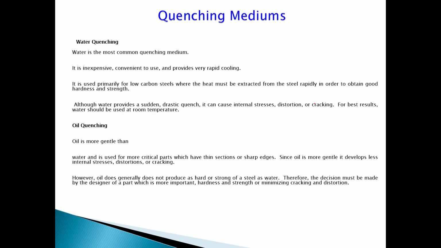Next quenching medium is oil quenching. Oil is more gentle than water and is used for more critical parts which have thin sections or shapes, sharp edges. Since oil is more gentle, it develops less internal stress, distortion, or cracking.